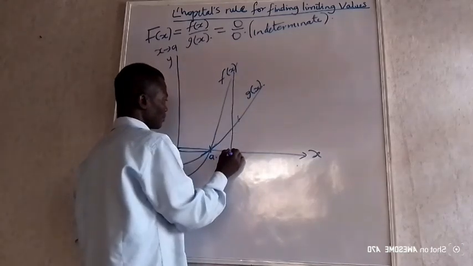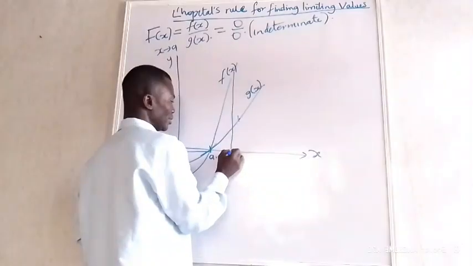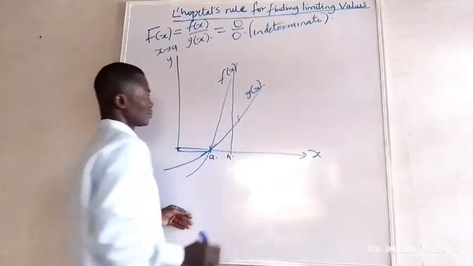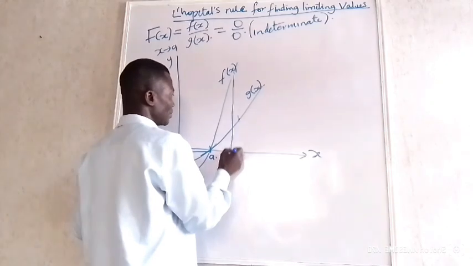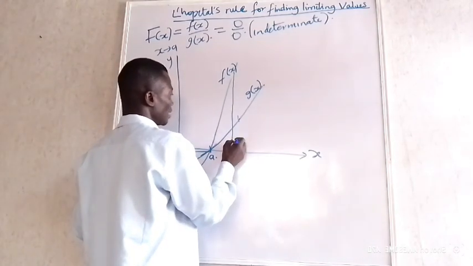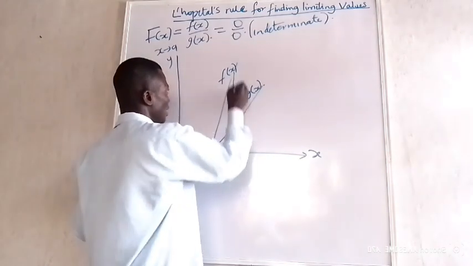And say, okay, let's extend it to h. So this place will now be, let's call this place k. Let's call this place p.